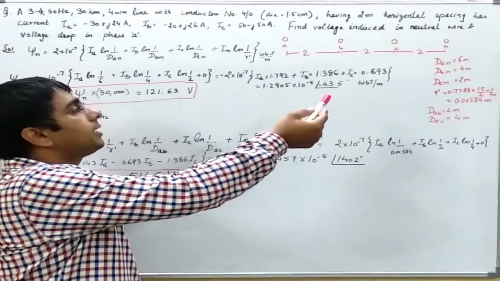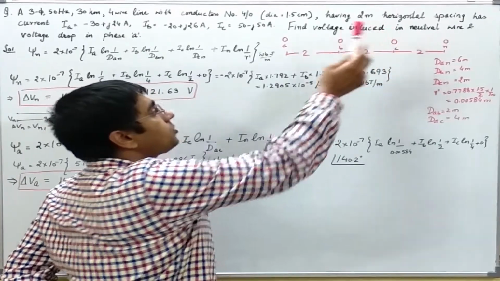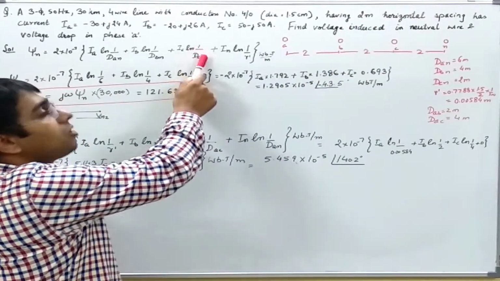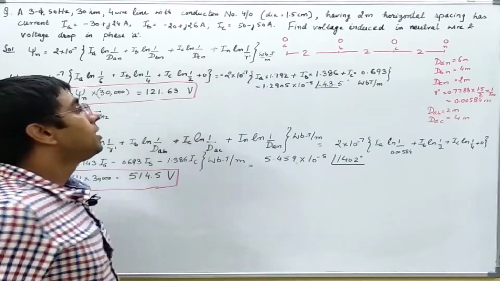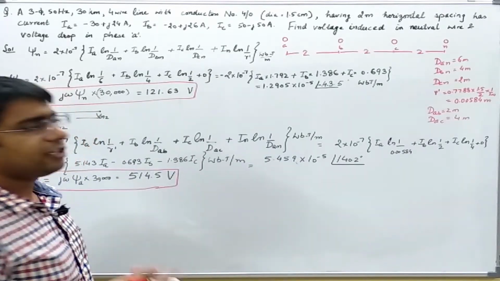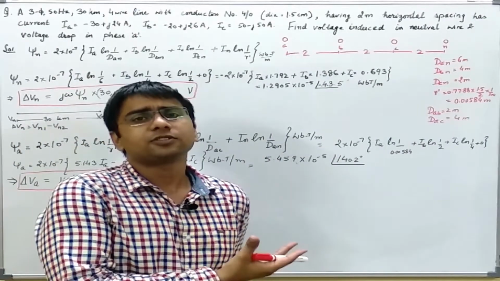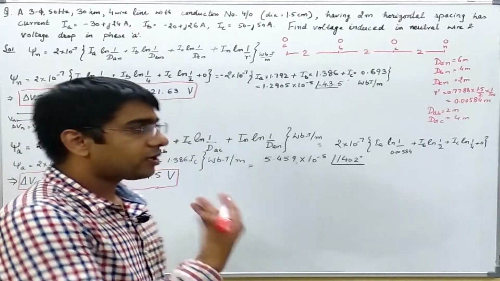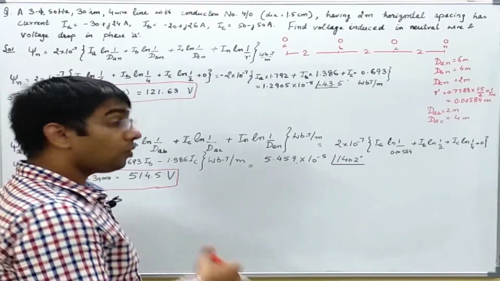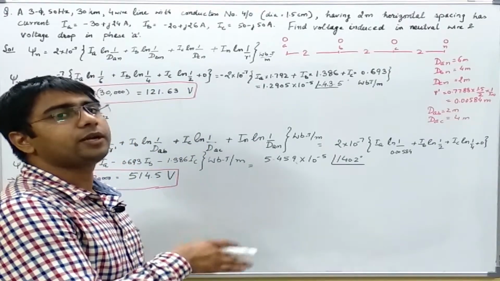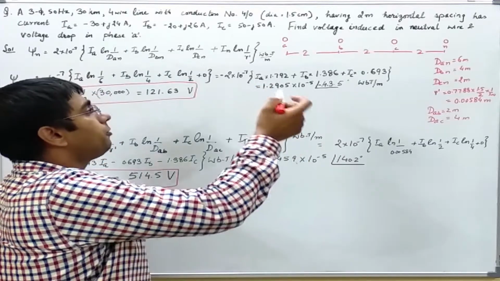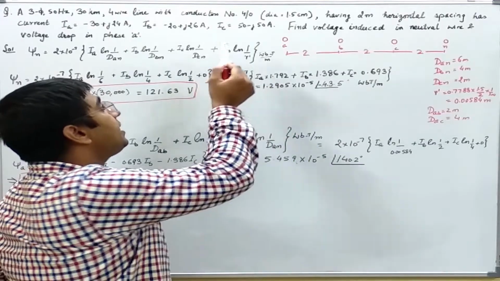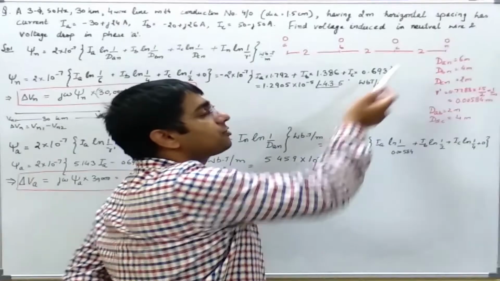Now the third conductor is C. So the term will be IC natural log 1 by dCN. Now for the fourth conductor, for the sake of completeness of the formula, we will also take the neutral conductor, although we already know that the current in the neutral is 0. So for the fourth conductor we use IN natural log 1 by r dash. Why r dash?